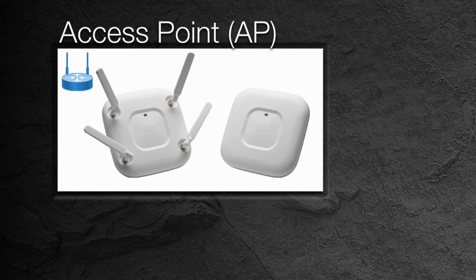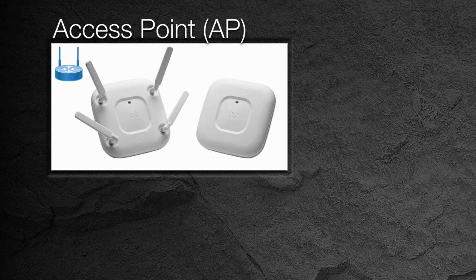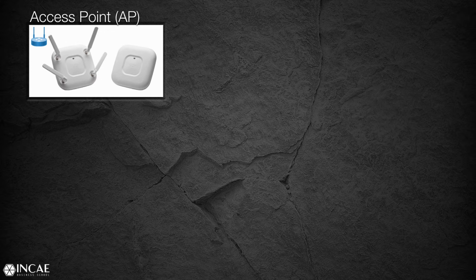These antennas are the means by which devices such as our smartphones or laptops that also have antennas connect to a local area network. We will basically have our laptops interacting with an access point, and the access point is in turn connected to the local area network of a firm, and thus through this wireless device we're able to access all the services in the local area network.